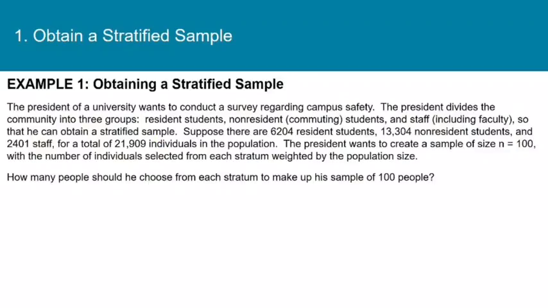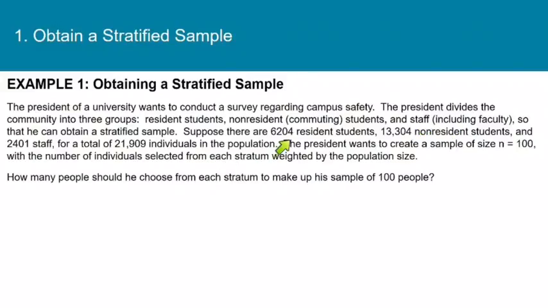Now notice that these groups are homogeneous, meaning that they all share a very important characteristic: the resident students who all live on campus, the non-resident students who are commuting, and the people who work there.